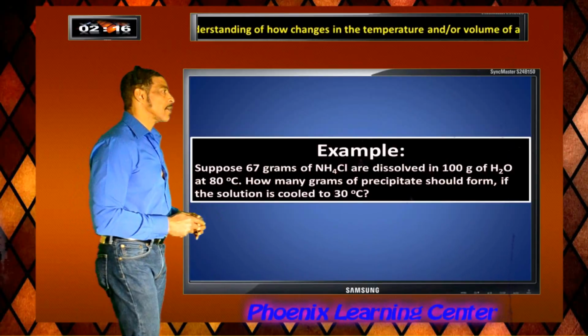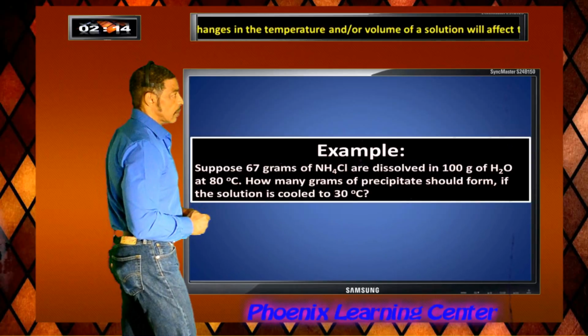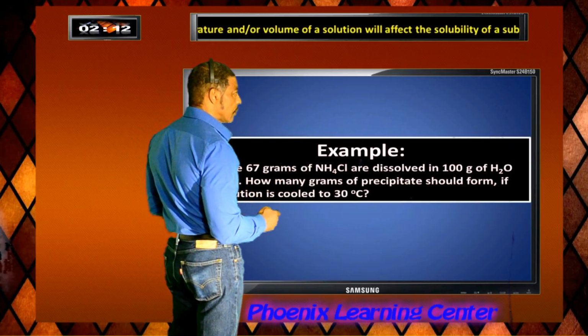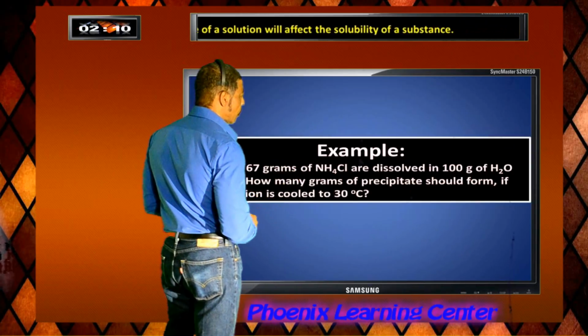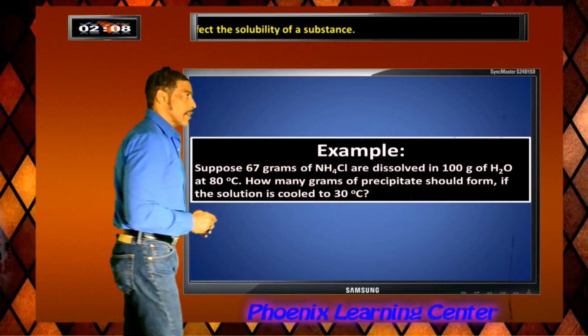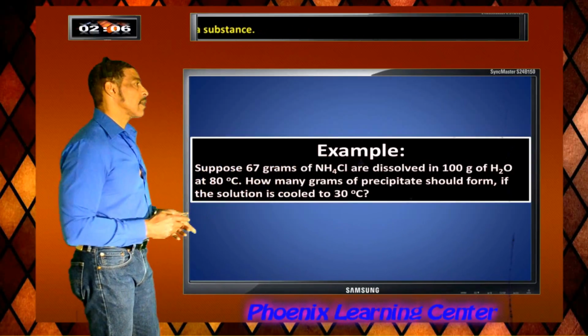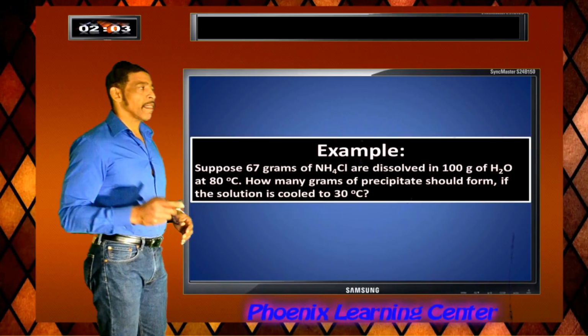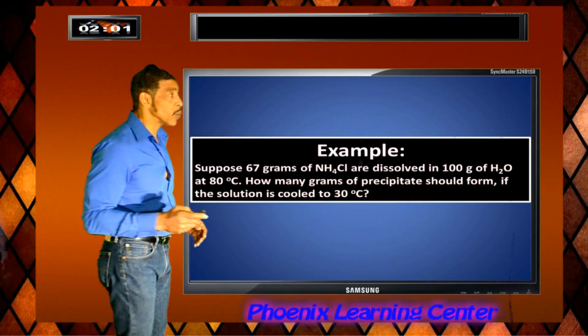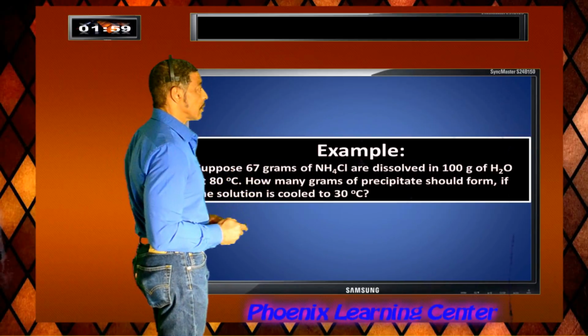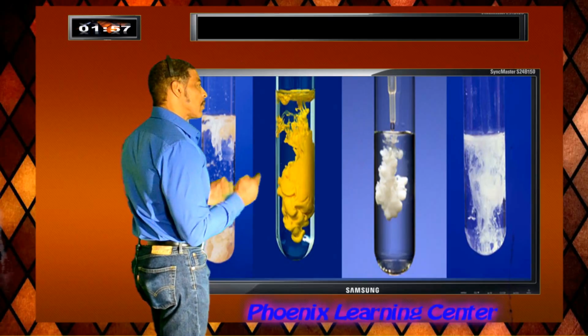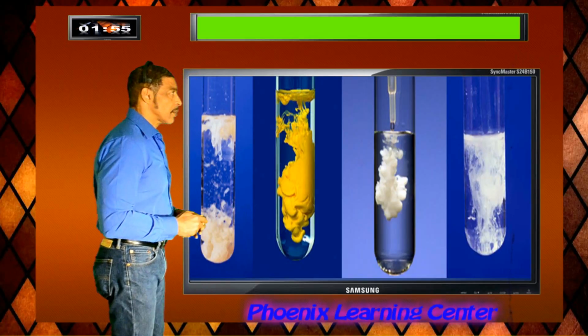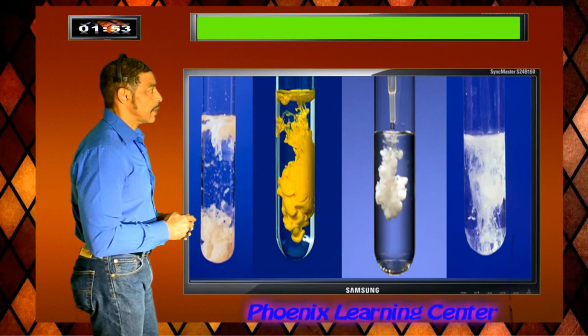Now suppose 67 grams of ammonium chloride, NH4Cl, is dissolved in 100 grams of water at 80 degrees Celsius. How many grams of precipitate should form if the solution is now cooled to 30 degrees Celsius? A precipitate is a solid that forms from an insoluble compound.